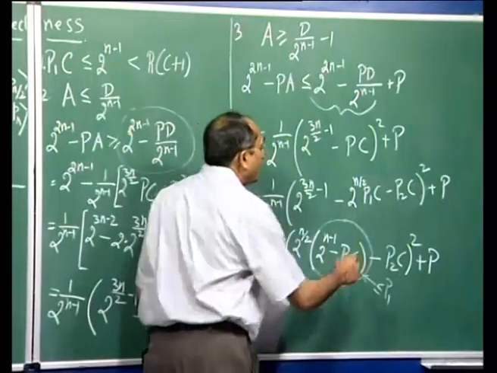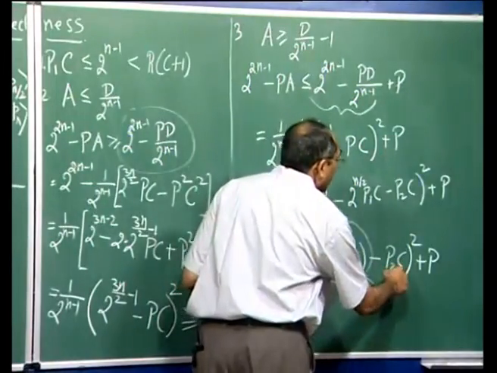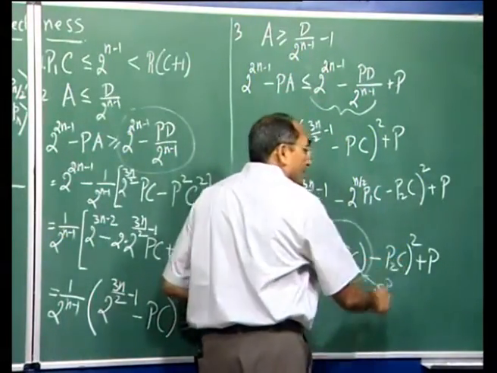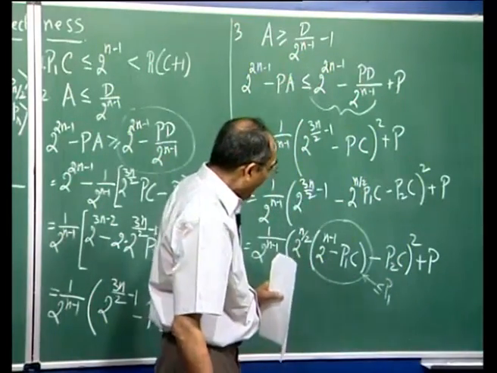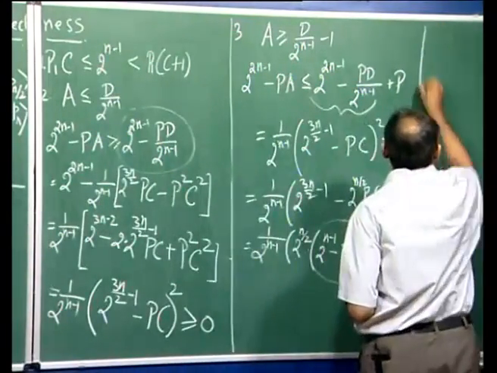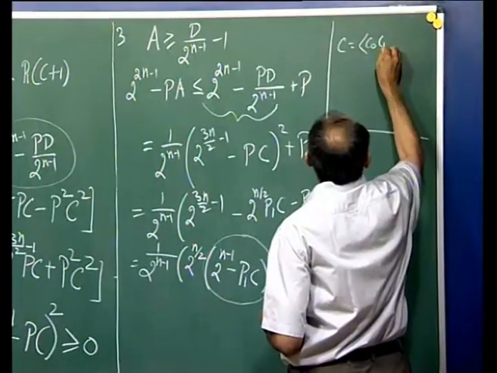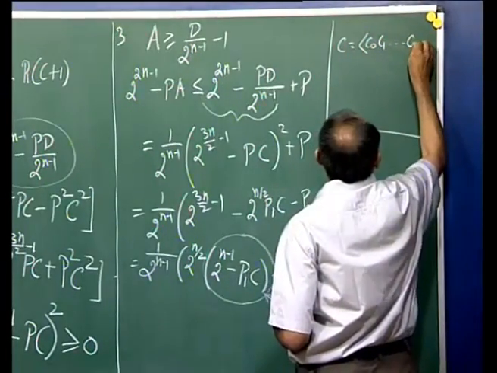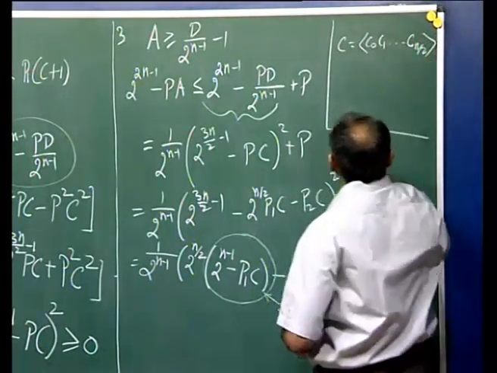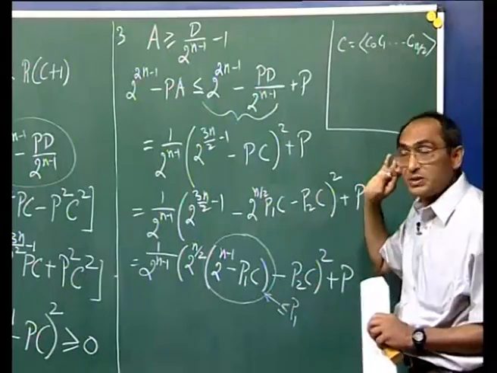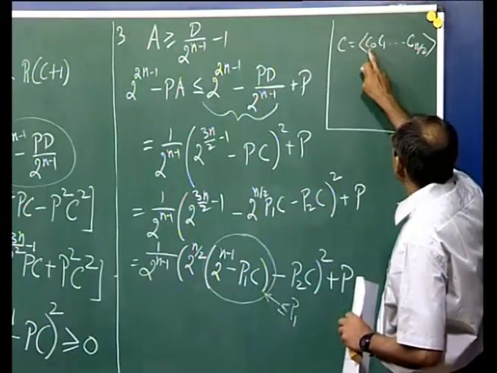Now, on this side, this is less than or equal to 2 to the power n by 2. Let me just remind you that C was C0, C1, up to Cn by 2, where the last will be 1 only when all these are 0. Remember, that was only a special case, else this is 0.